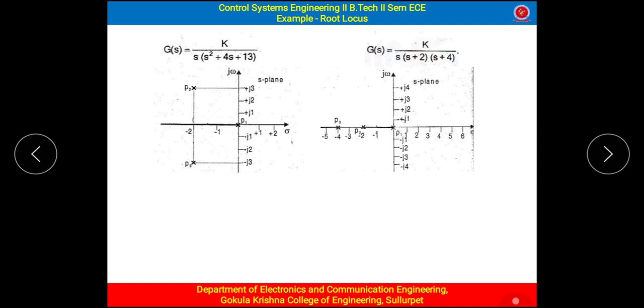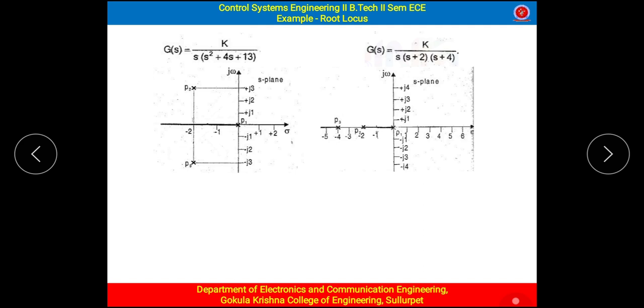So in the first case, on the real axis there is only one pole P1 at s is equal to 0. Now obviously we can easily verify that if you take s is equal to minus 1 as the test point, there will be only one pole towards right side. Yes or no? But if you take the test point as s is equal to 1, then what will happen? Towards right side there is no pole or zero.